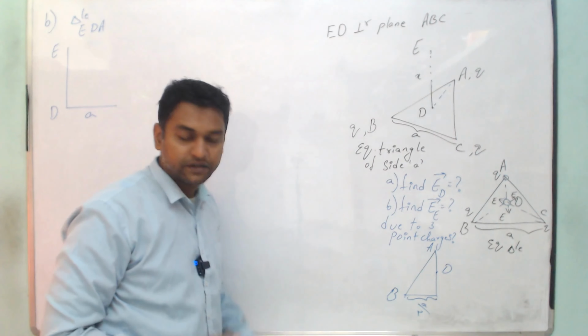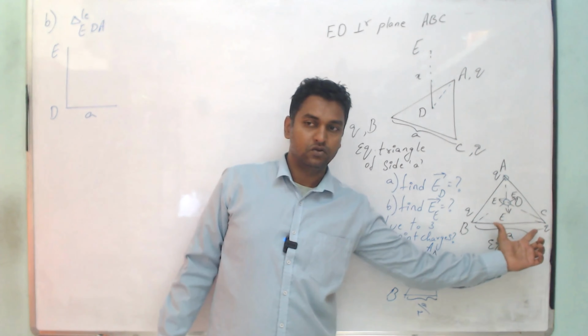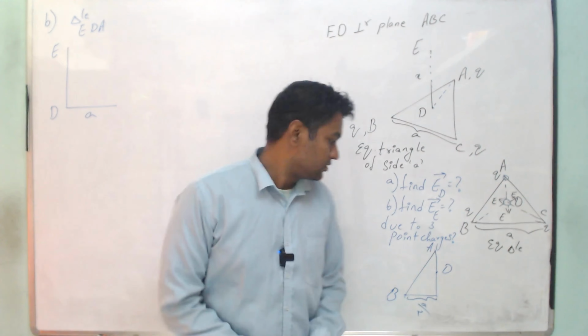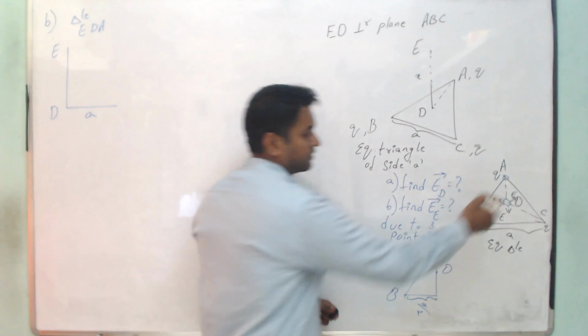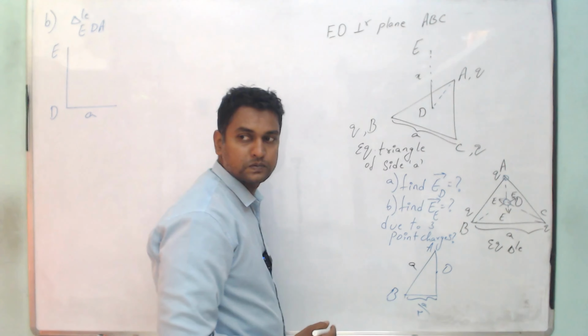Is this clear? The full base is a, and half of it is a by 2. The hypotenuse is already a.